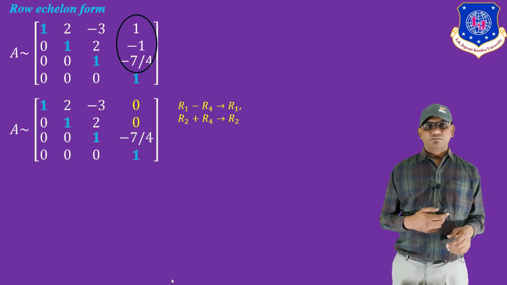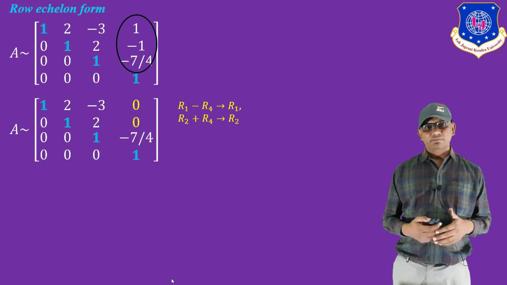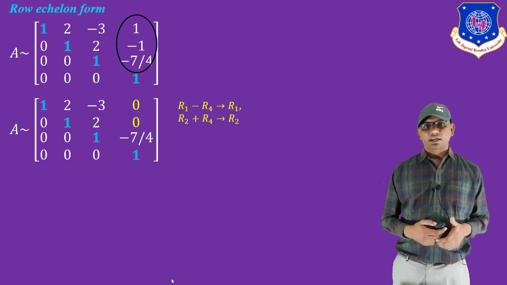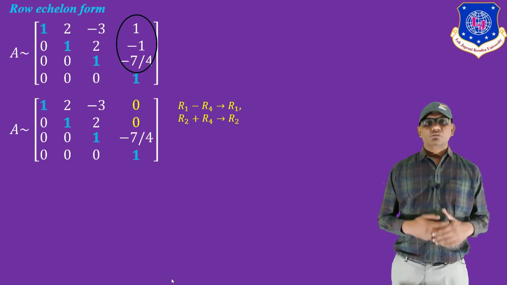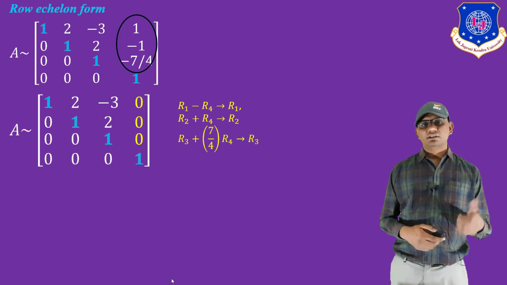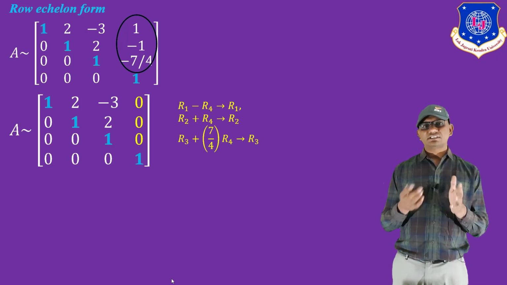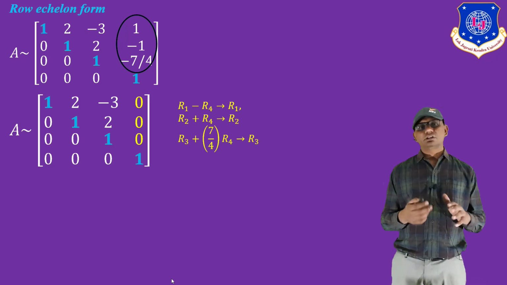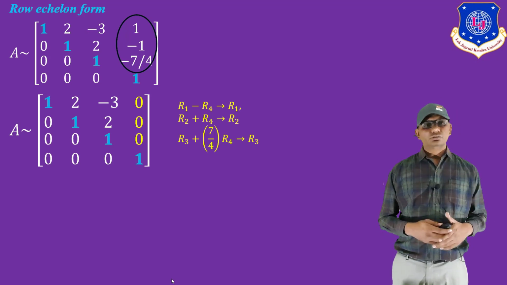So we add the fourth row into the second one, and we get 0 there. And now to convert -7/4 into 0, we multiply the fourth row by 7/4 and add it into the third one, and we get 0 at that place. So we can see that for the fourth leading element, all the elements above the leading one are now 0.